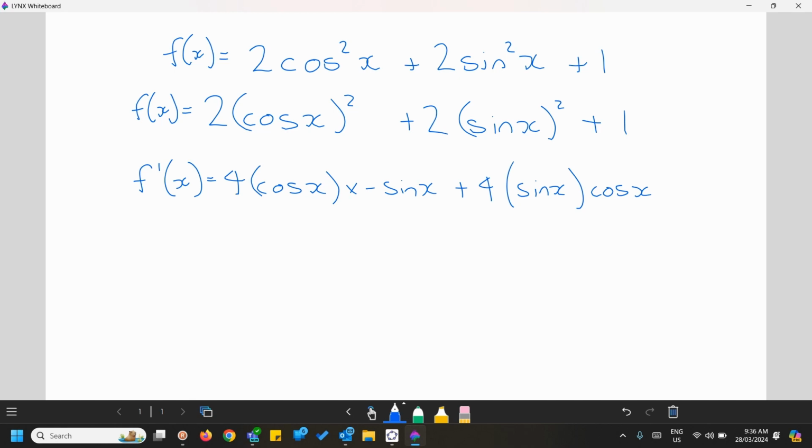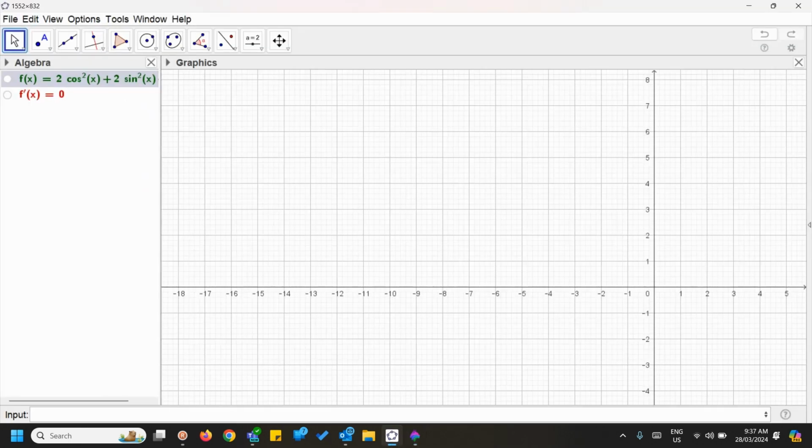Now, at first glance, you might think that doesn't look particularly fascinating at this stage. Before we look at the next step, which makes it quite obvious what happens, let's actually have a look at the graph. So if we actually look at the graph, this is the graph of the original function.